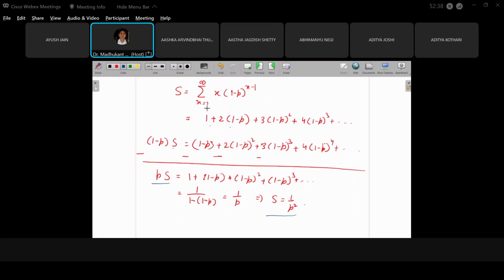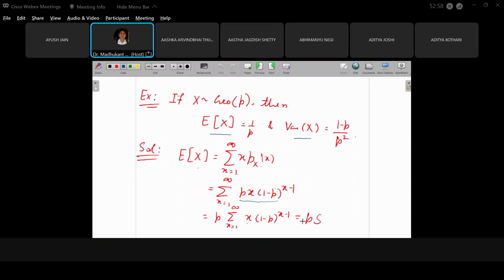Okay, you need to identify this S value. So you multiply both sides by 1 minus p, and then these two things you subtract. If you subtract, p times S is equal to, it will come out as 1 by p, and this will give you S equals 1 by p squared. So now if you replace here, p times S is p times 1 by p squared, so 1 by p is the final answer.